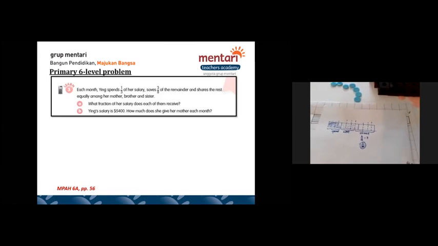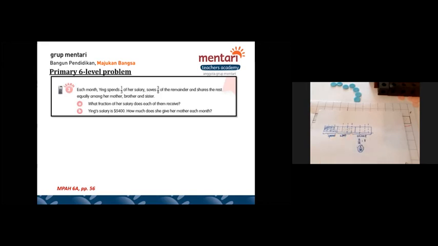Can you see the model now? So I started off with the one whole amount representing Ying's salary, and then it's divided into 3 equal parts first. And then this is the amount she was spending. So the remaining amount would be 2/3 of her original salary.